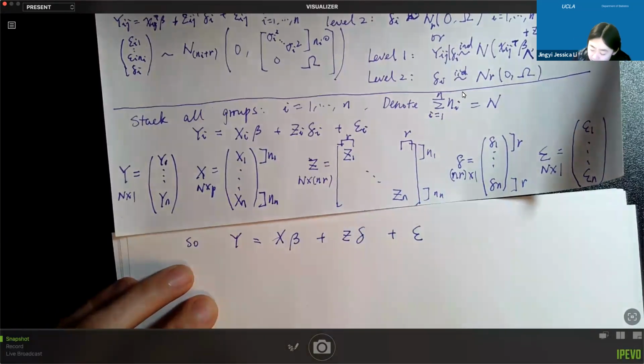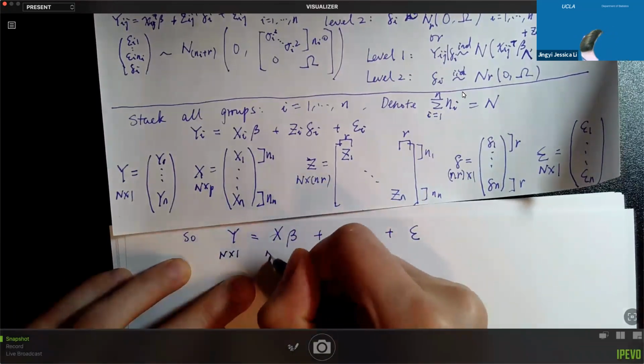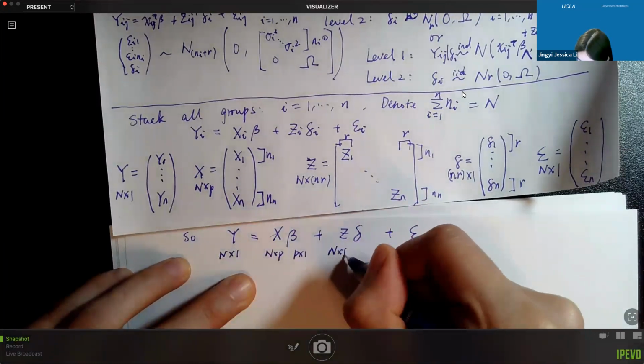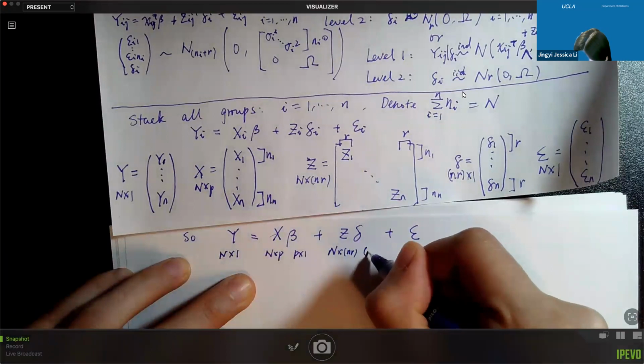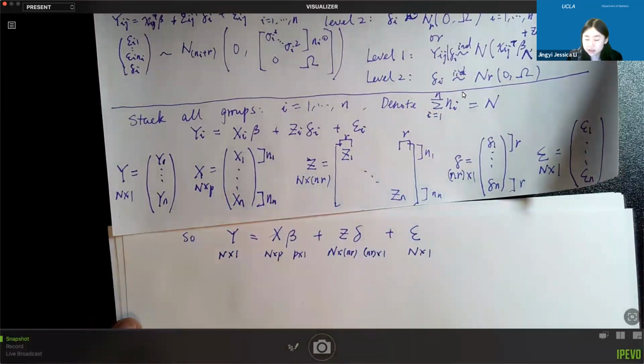So as a reminder, the dimensions are N by 1, N by P, P by 1, N by NR, NR by 1, N by 1. So that's the matrix notation. Do we have any questions? Okay, that's just the first level.